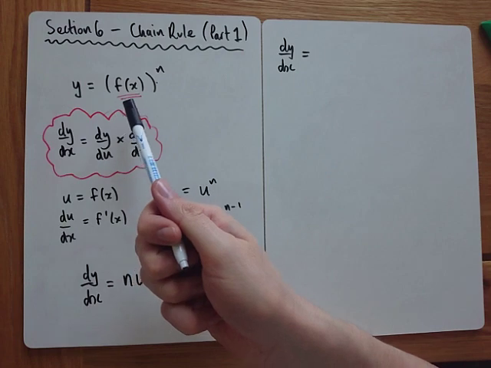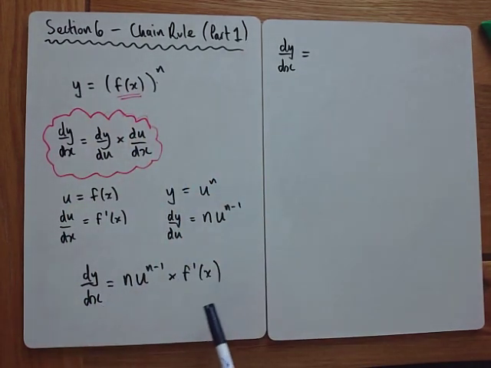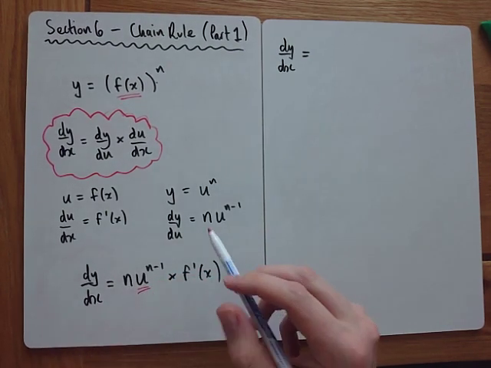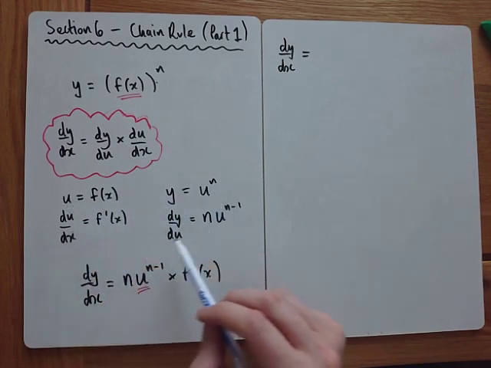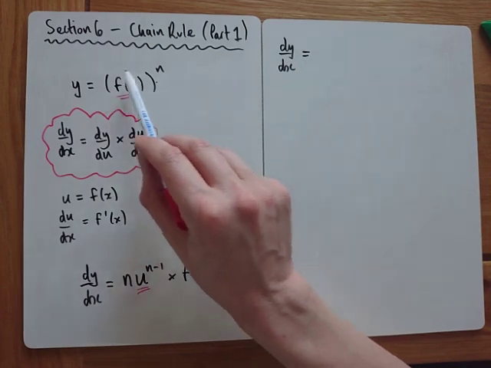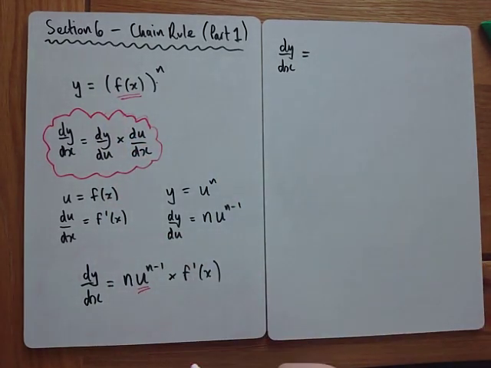But if you remember, the key thing with this is that the original function we're being asked about is a function of x. Now we've got a derivative, but we've also got this u in the way. We just introduced u to enable us to differentiate this. The original function was a function of x that we wanted to differentiate with respect to x, so our final answer needs to be an answer with x's in, not an answer with u's in.